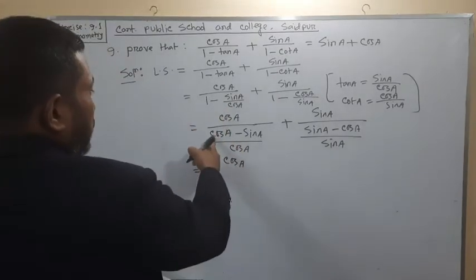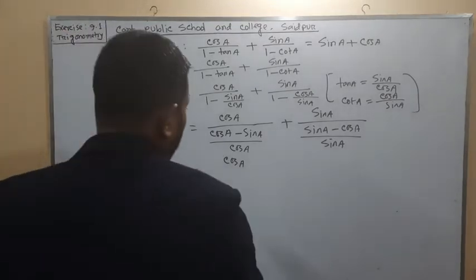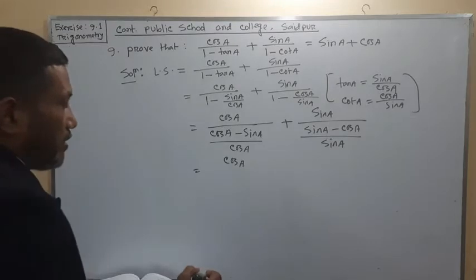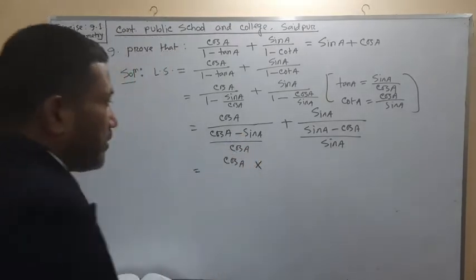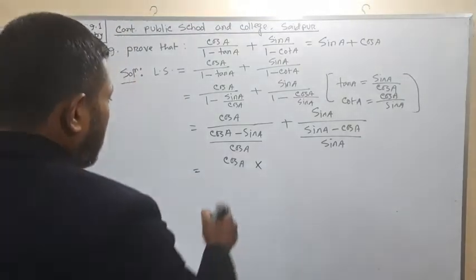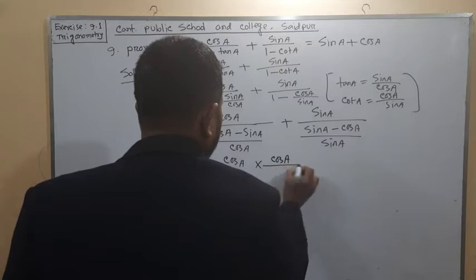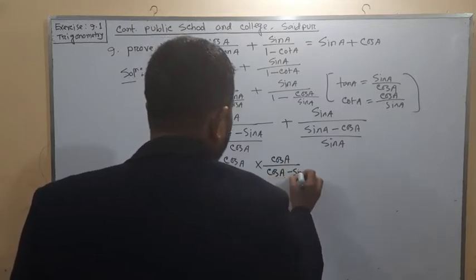Here the numerator is cos A minus sin A by cos A. We have the division symbol. If we write multiplication, the denominator fraction will be reciprocal, that is cos A divided by cos A minus sin A.